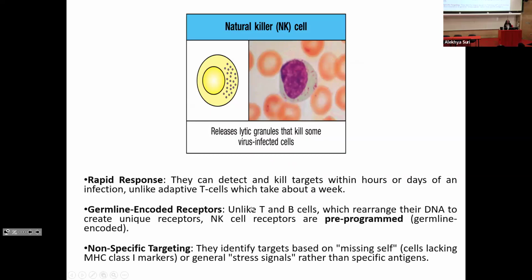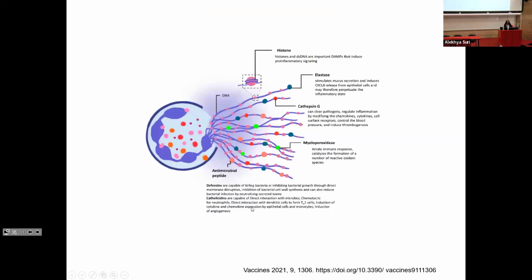So let's go back. Neutrophils use two different mechanisms, so they can kill intracellularly and bacteria that are extracellular, right? So the macrophages and the neutrophils are all referred to as innate cells that come into play and try to get rid of the bacteria very early on following infection.